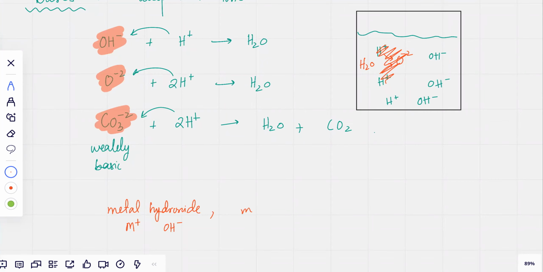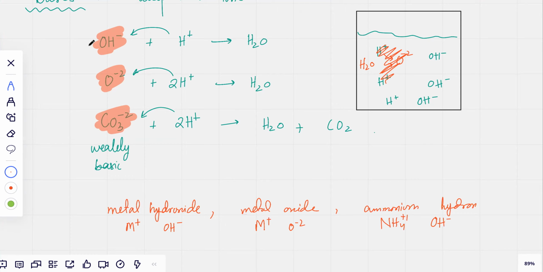There could be a metal oxide. These are basic as well. So you have O minus 2 attached to a metal. Or there's another positive ion, which is ammonium. Ammonium is an ion that was given in the list above. It's NH4 with a charge of +1. So the OH minus 1 could be attached to it as well.